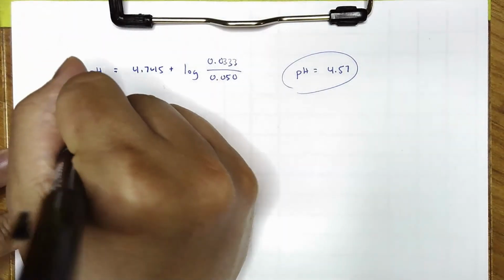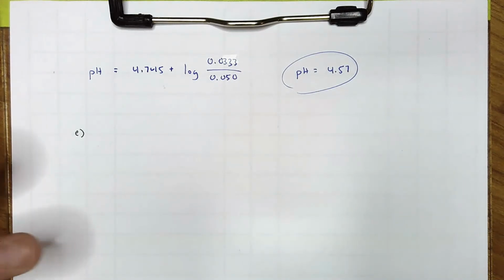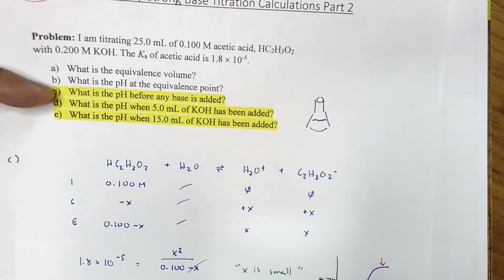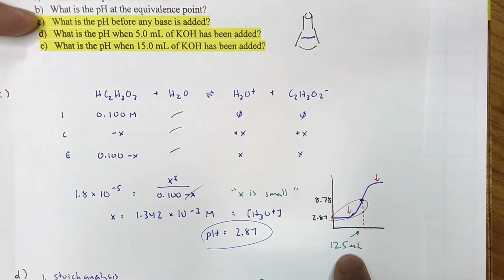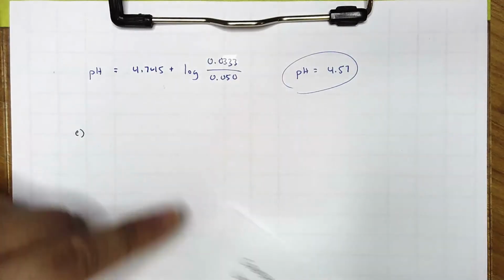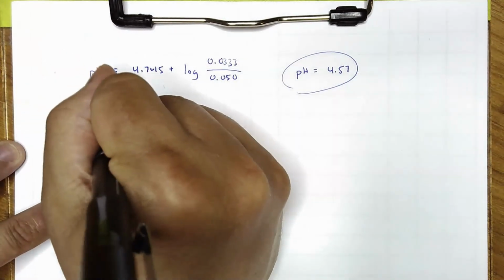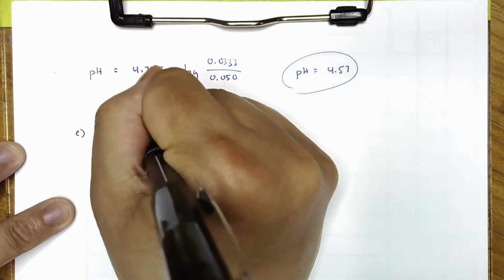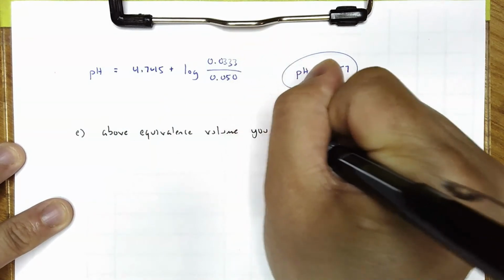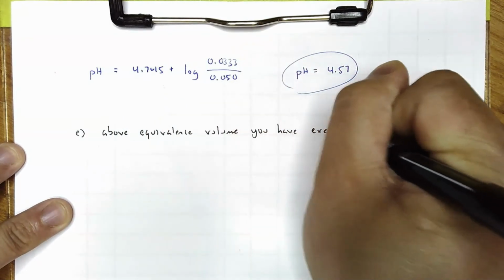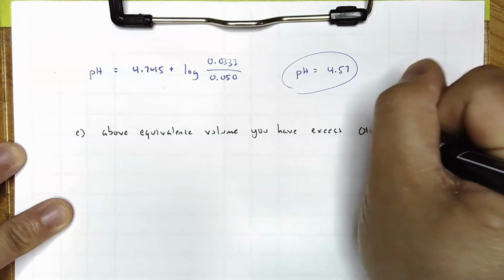Now E is fairly straightforward. We're adding excess base, right? We're above the equivalence. We're now up here, somewhere up here, beyond 12.5. I said 15. Add 15 here. So, when you're above equivalence volume, you have excess base, OH minus.